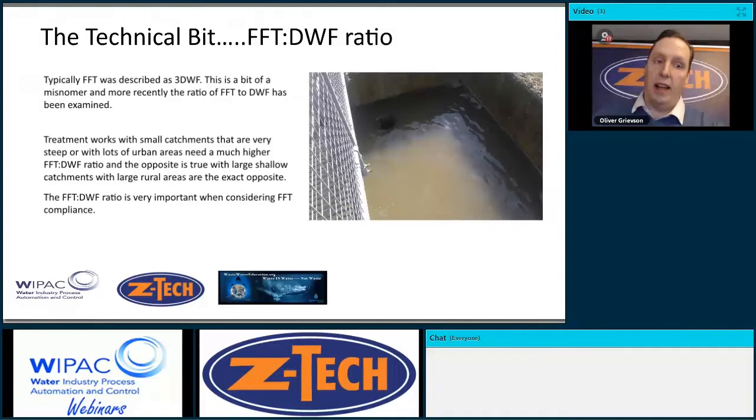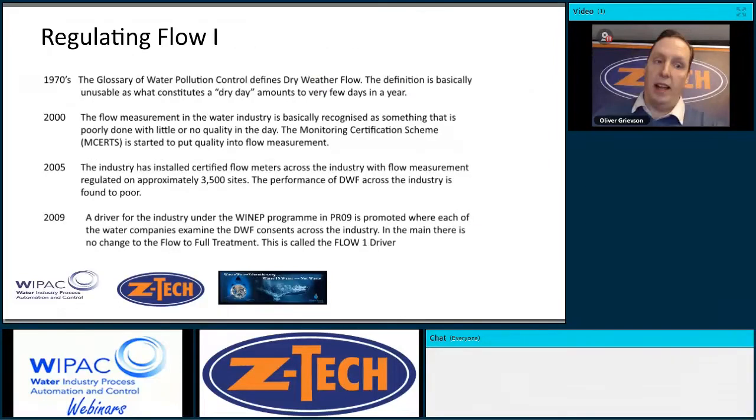But when you look at it, truly, the FFT to DWF ratio is a reflection of the type of works that we have. So a relatively small works with a very small catchment, very steep hills with a lot of urban areas will need an FFT to DWF ratio which is much higher.